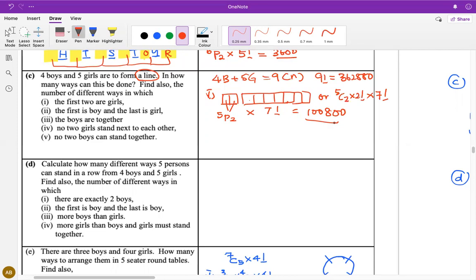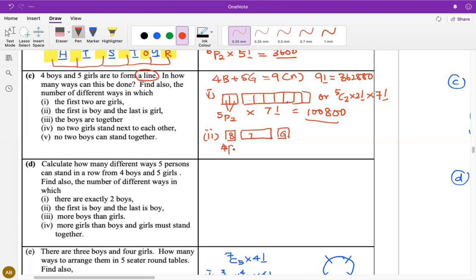Okay, correct. Okay, number 2. Okay, one boy, then this one is 7, right? This is a girl. So it will be the same thing.